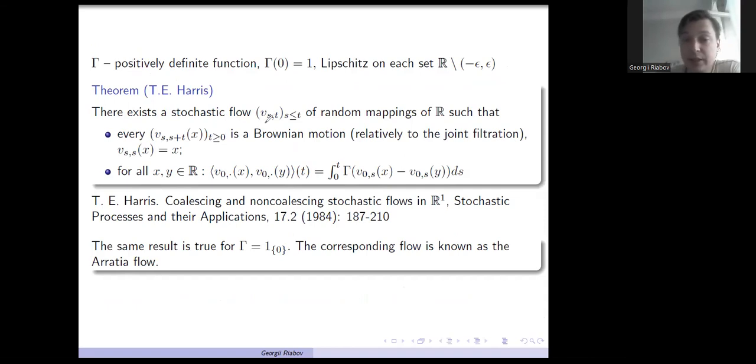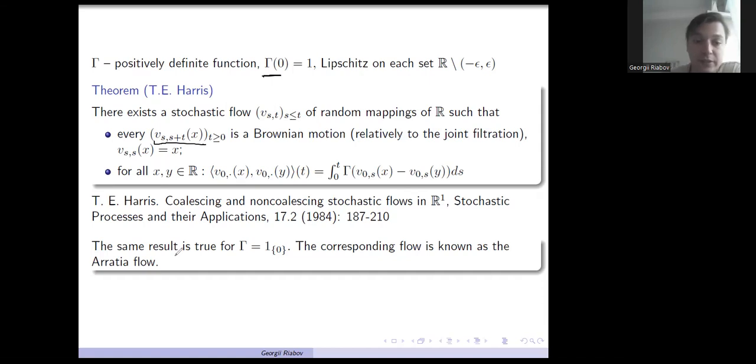So in this stochastic flow, every trajectory that started at time s from point x is a Brownian motion. And the joint quadratic variation of two Brownian motions equals just the integral of the given characteristic function gamma of the difference Vx minus Vy. So there is a class of Brownian flows defined by such characteristic functions.